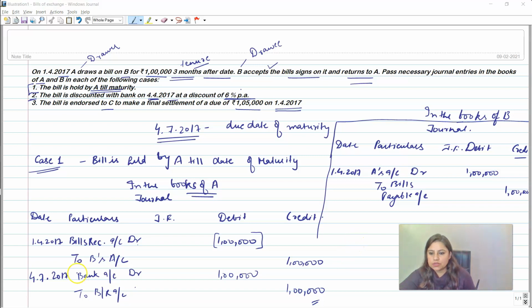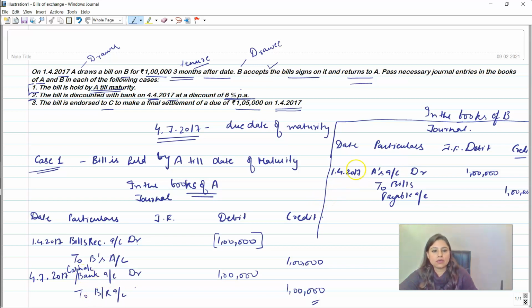All right, so it could be either bank account or cash account, depending on the mode of payment through which the bill is being settled. If it is being settled by way of a check, then the bank account would be debited, and in case cash is being received for settling the payment, then cash account would be debited.